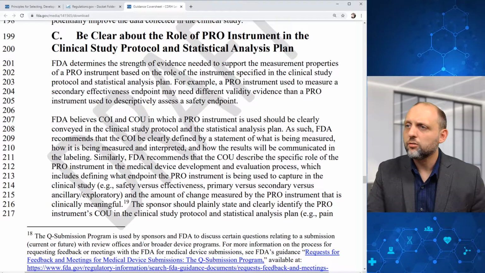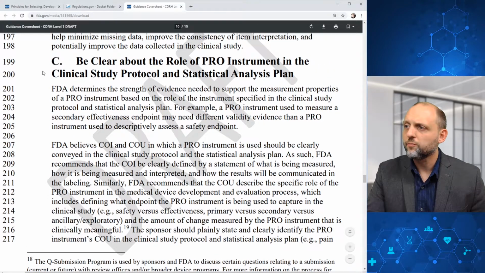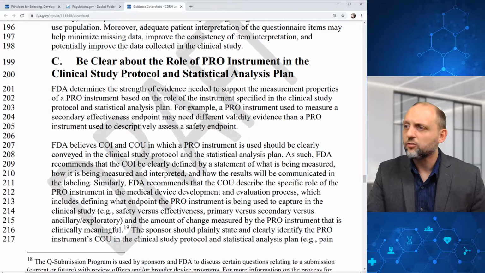FDA also wants you to be clear about the role of the PRO instrument in the clinical study protocol and statistical analysis plan. FDA determines the strength of evidence needed to support the measurement properties of a PRO instrument based on the role of the instrument specified in the clinical study protocol and statistical analysis plan.